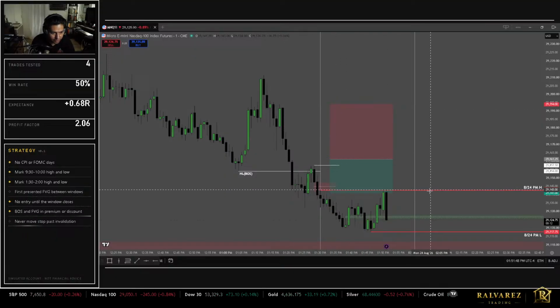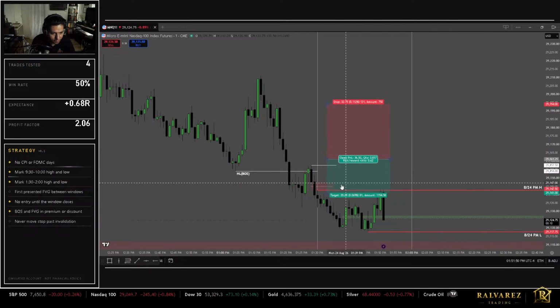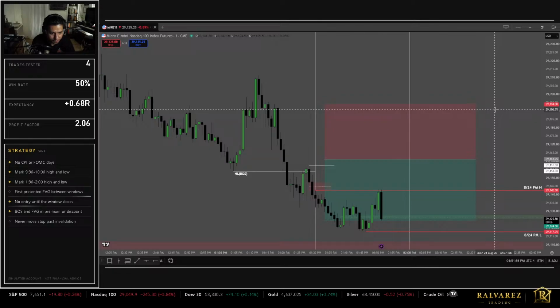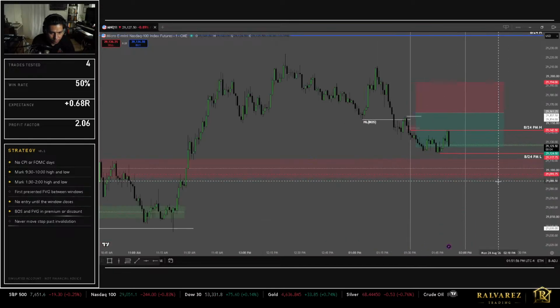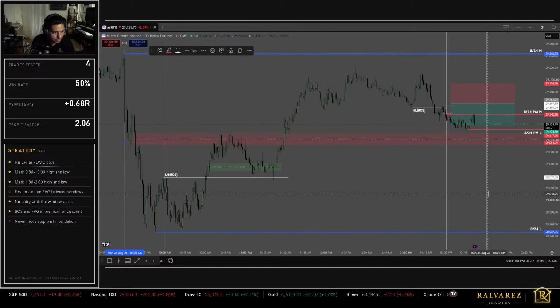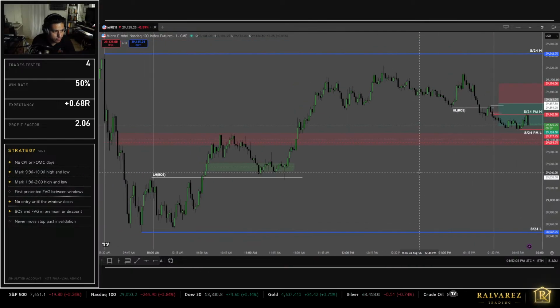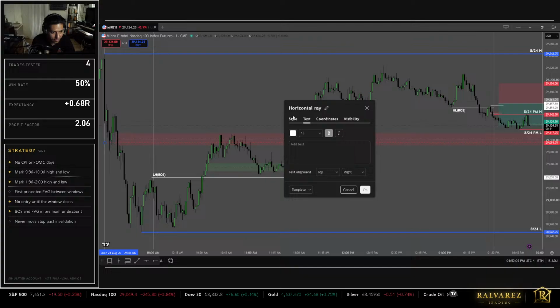We enter within something like right here, if price even wants to reach back up into there. So it doesn't really have to. And then taking today's trading range, high to low, we have this dashed line, the red line.